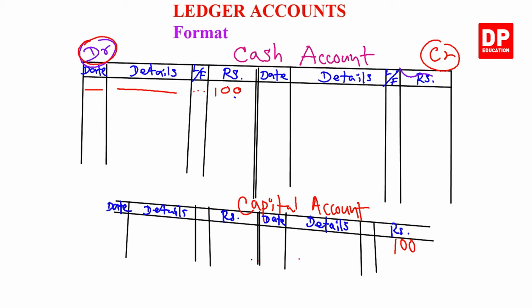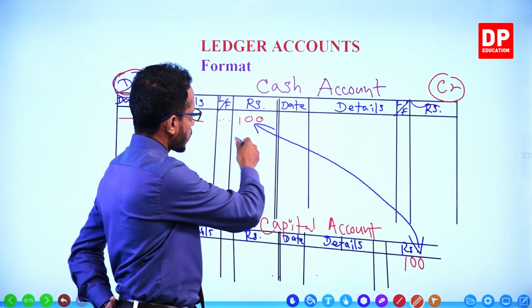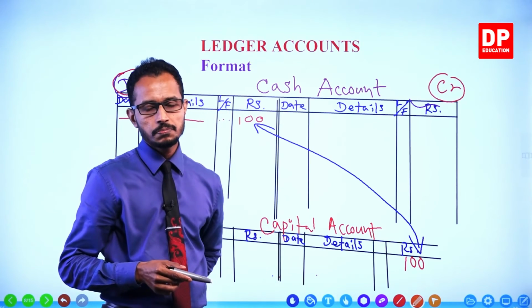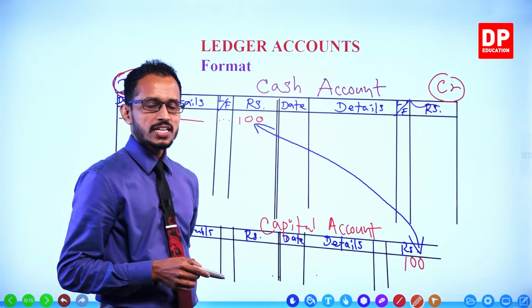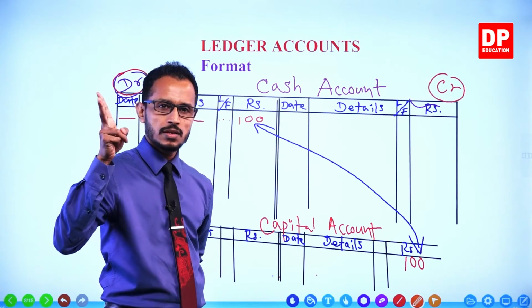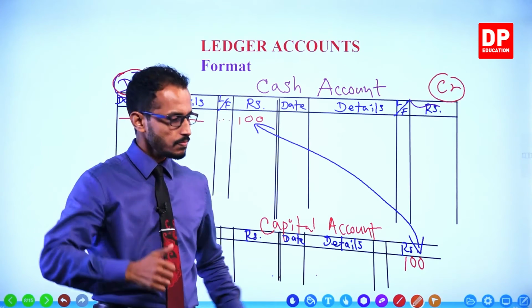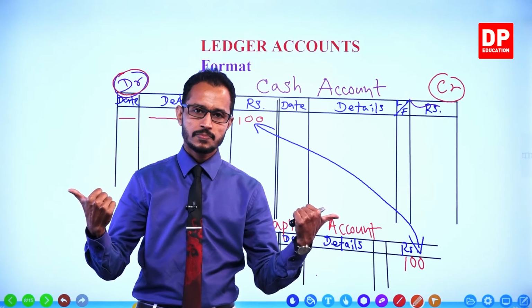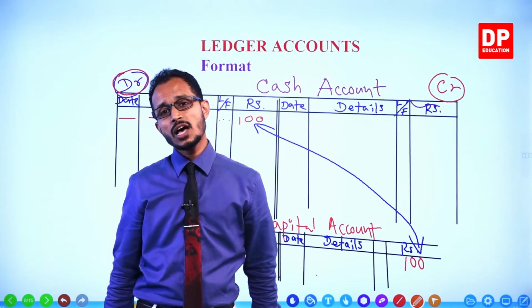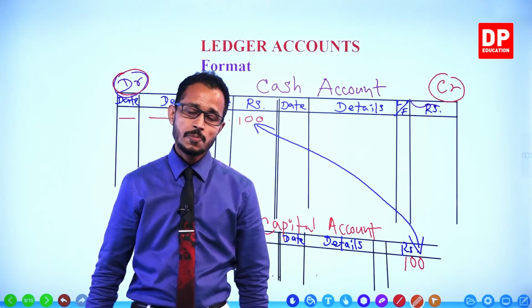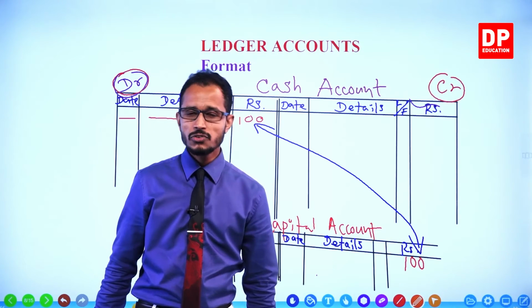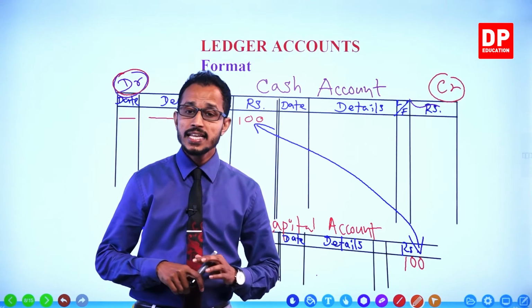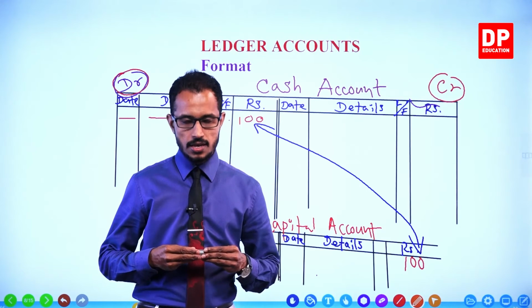You put to the debit side and credit side the same amount, recorded in two accounts. One account debit, other account credit. This is how you record transactions and the dual impact of transactions in accounts.